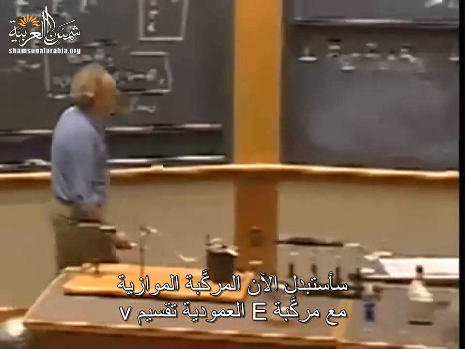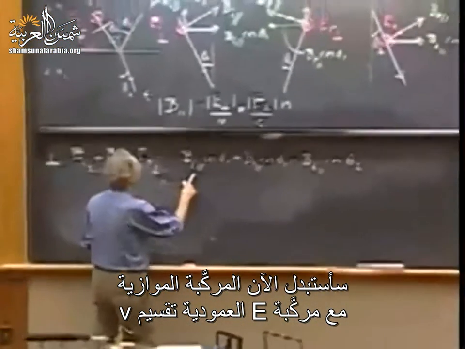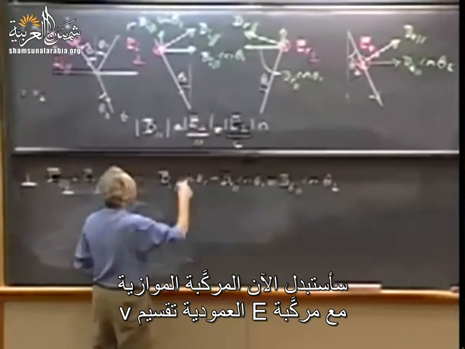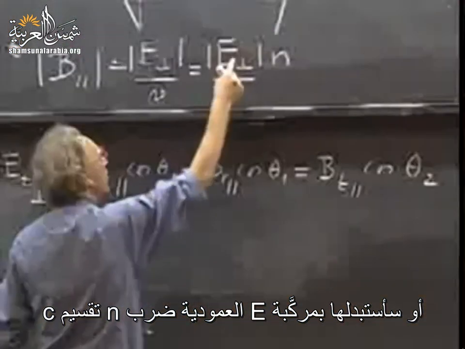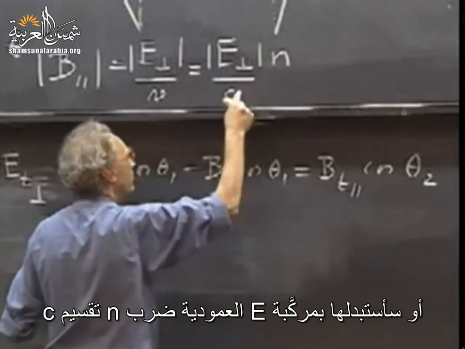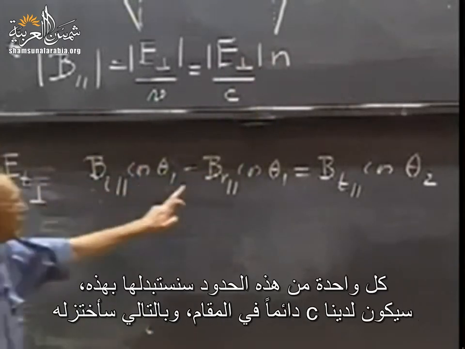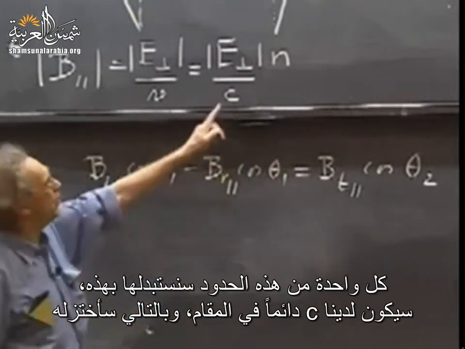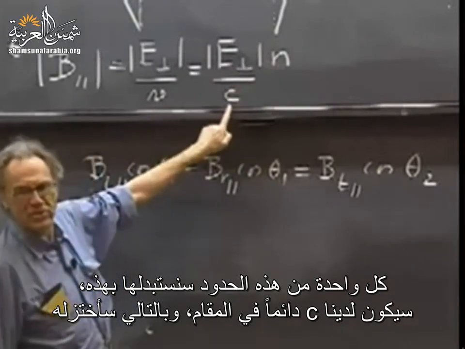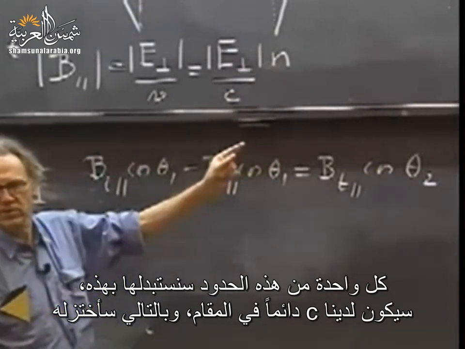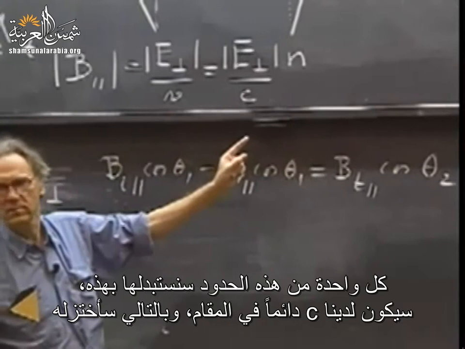So I'm going to replace now the parallel component by E perpendicular divided by V, or E perpendicular times N divided by C. So each one of these terms now is going to be replaced by this. They all have a C downstairs, so the hell with the C's. I will not write the C's.